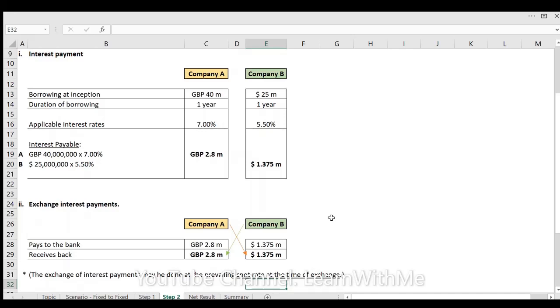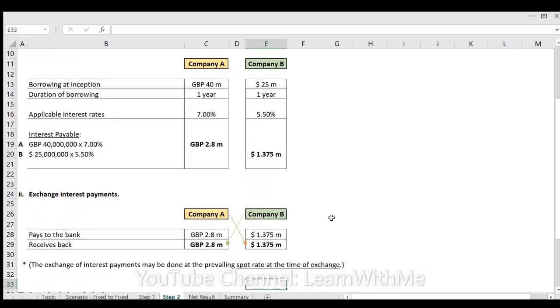On the other hand, company B is reimbursed for the expense of $1.375 million that it incurs on behalf of company A. So again, there is a swap of interest rate commitments. At what exchange rate does this take place? The exchange rate of interest payments may be done at the prevailing spot rate at the time of exchange.